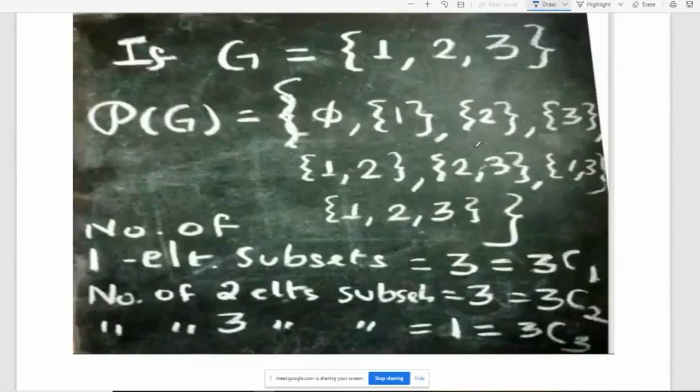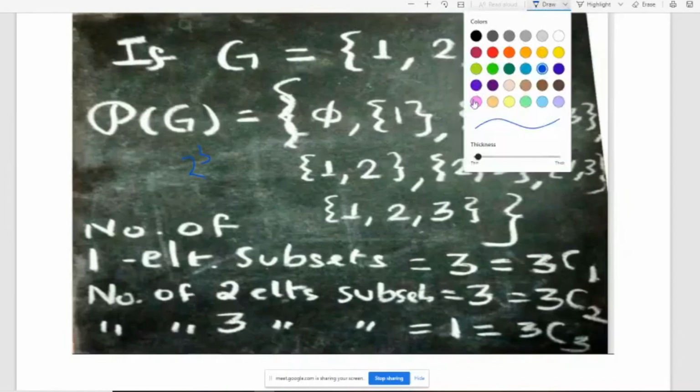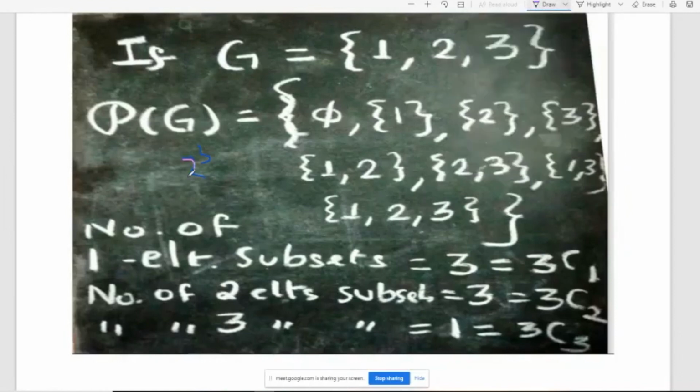Everything we have listed, and you know already that if G has 3 elements, then the collection of all subsets of G has 2 cube elements.